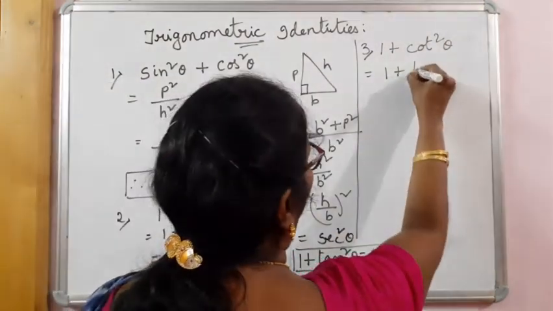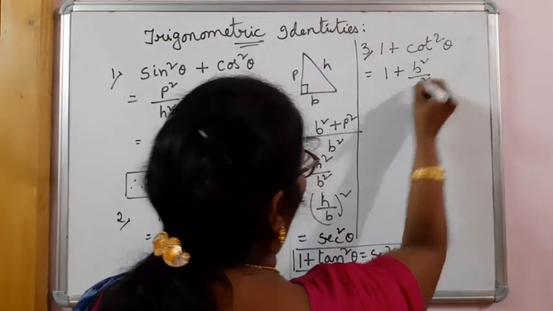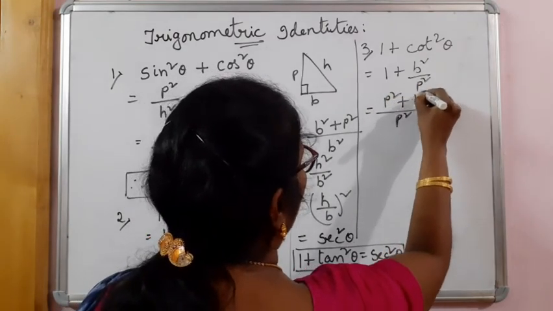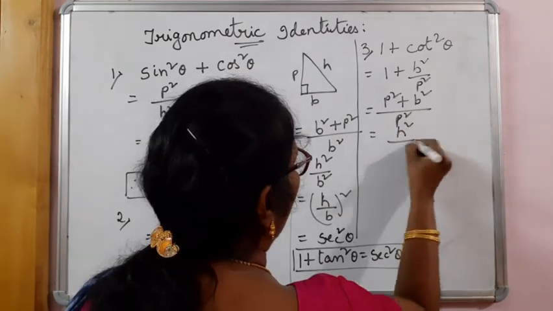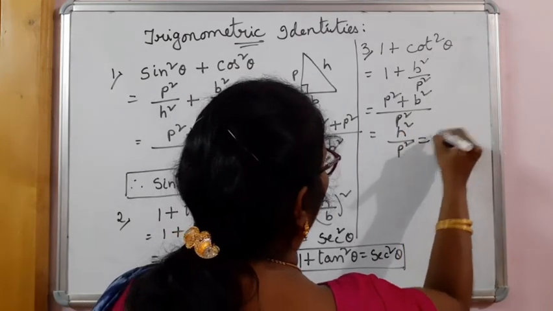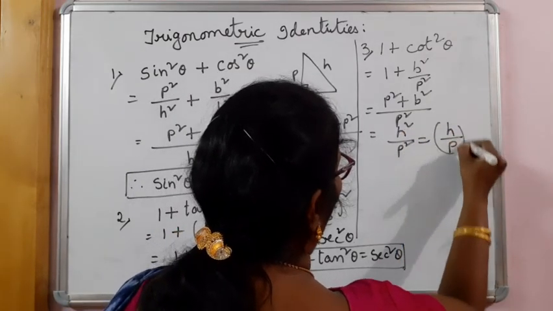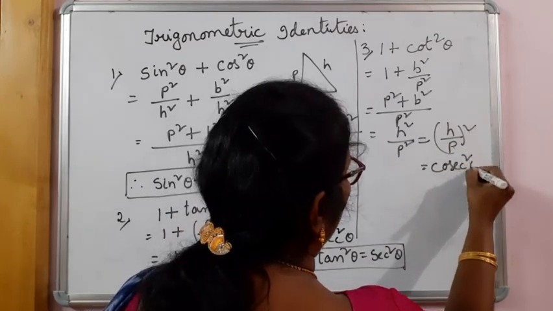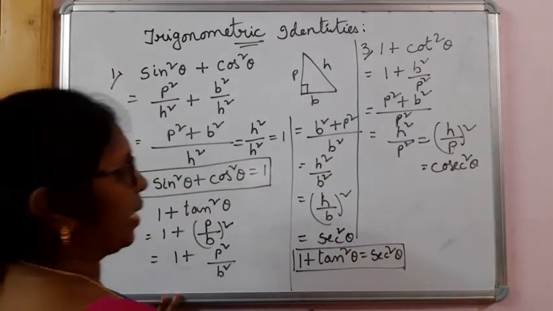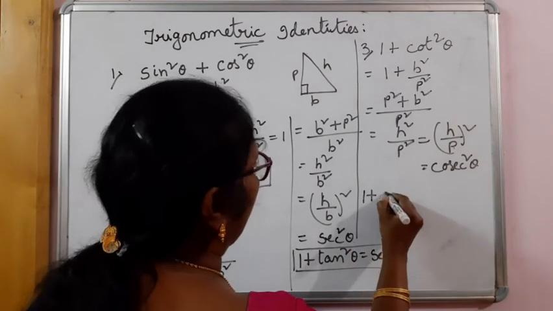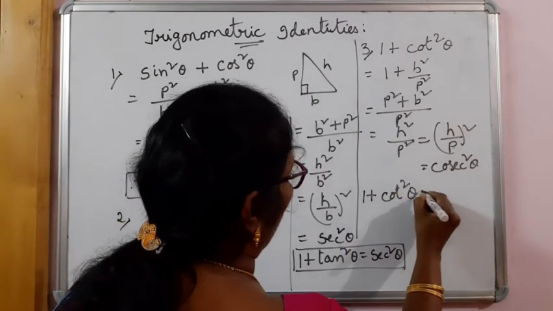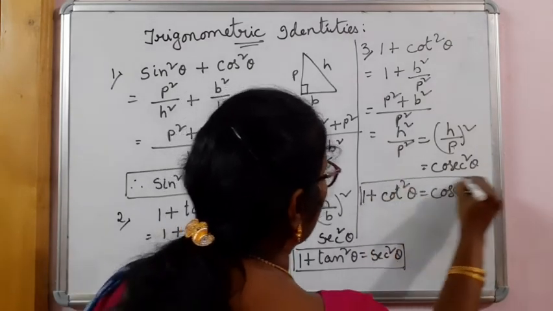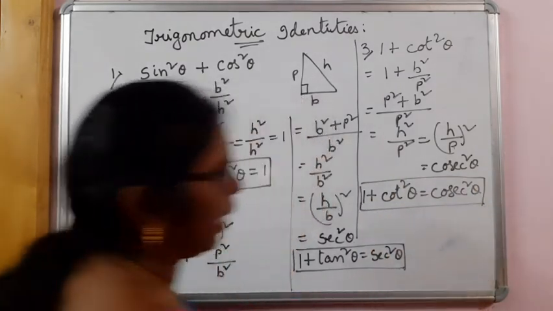Taking p square as the LCM, you will have p square plus b square, that is h square by p square, which equals h by p whole square. The h by p is cosec theta, so cosec theta whole square is cosec square theta. So the third identity you got is 1 plus cot square theta is cosec square theta. This is our third identity.